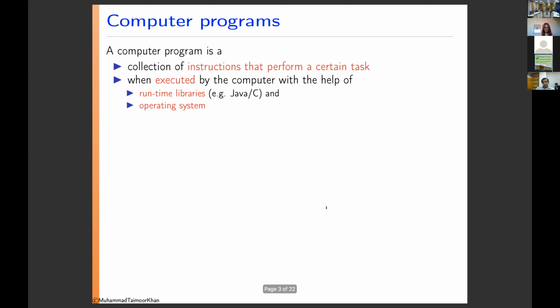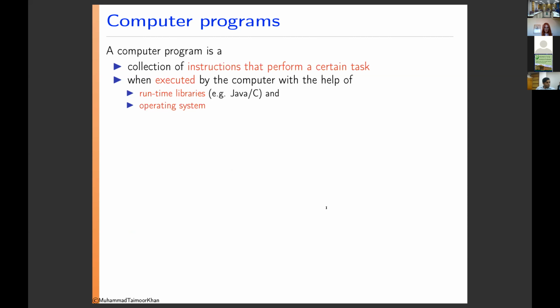So I will start with what is a computer program. I'm sure every one of us knows, and all of us have probably been writing software programs of hundreds or thousands of lines of code. But can we really certify them? Can we really talk about their reliability, their security, and their rigorous behavior? A computer program is a collection of instructions which performs certain tasks.